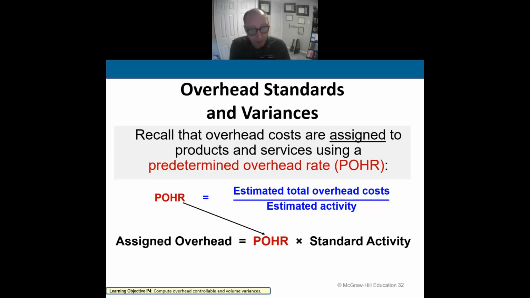To find the assigned overhead, we take the predetermined overhead rate, which is usually expressed as a percentage, times the standard activity, the number of employee hours for a job.